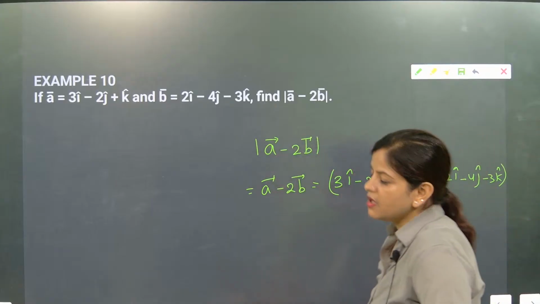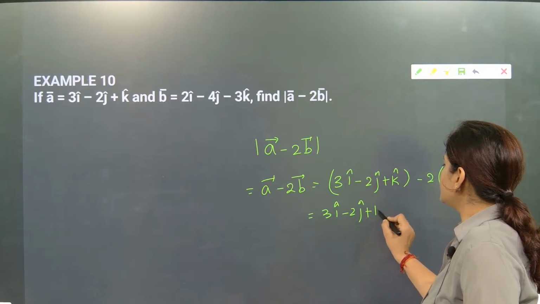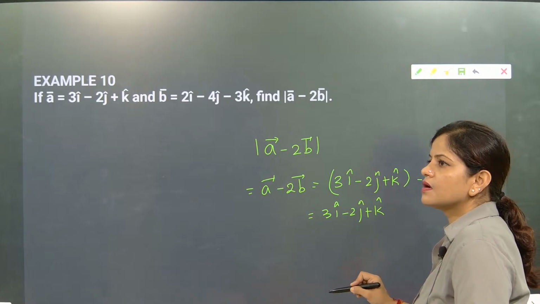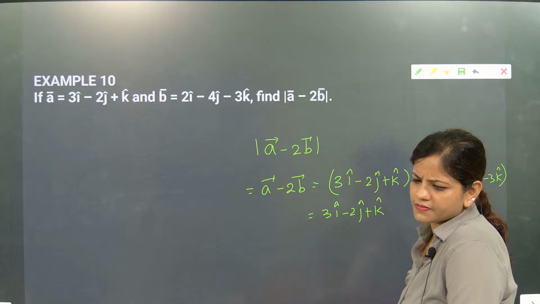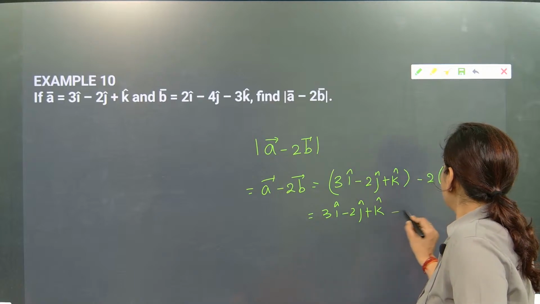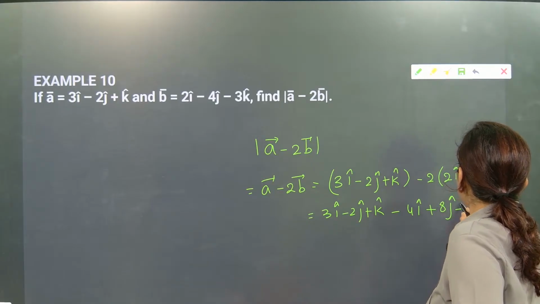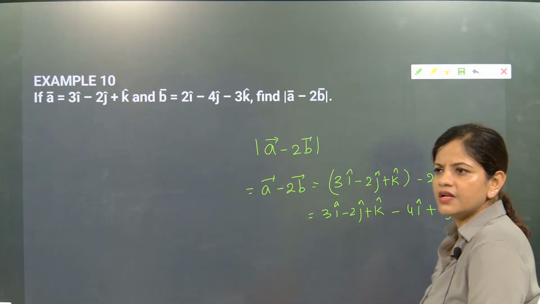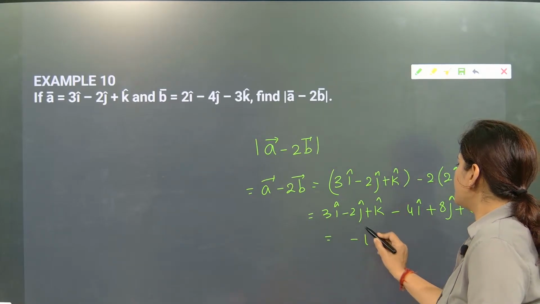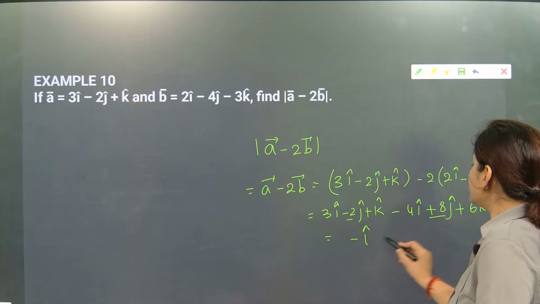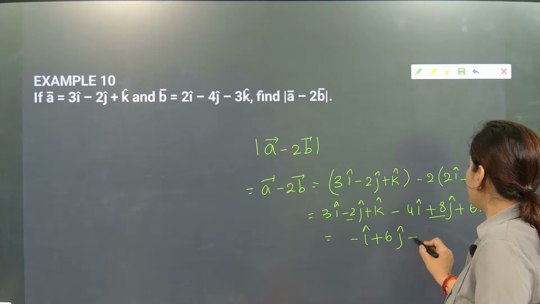It is coming as 3i minus 2j plus k minus 4i plus 8j plus 6k. So 3 minus 4 is minus i. Minus 2 plus 8 is plus 6j. And k plus 6k is 7k.